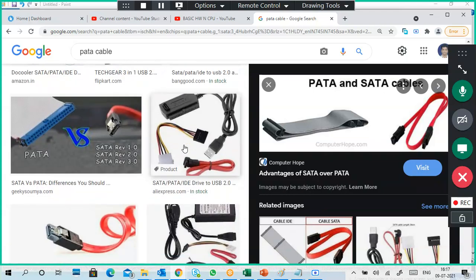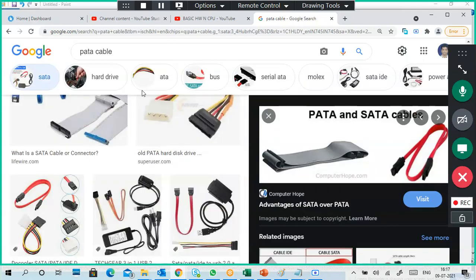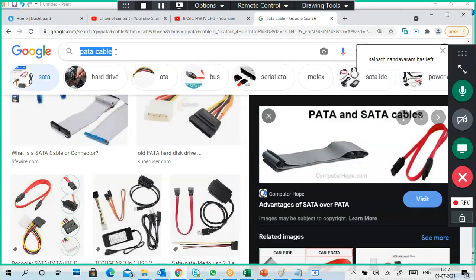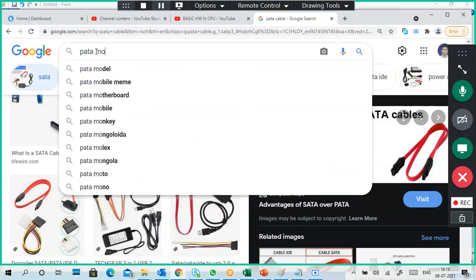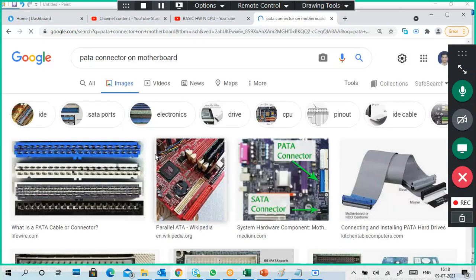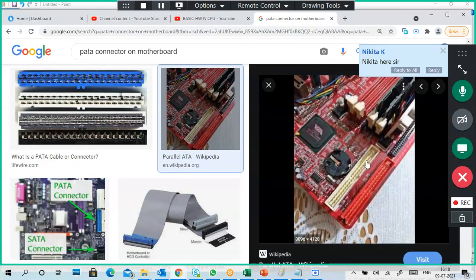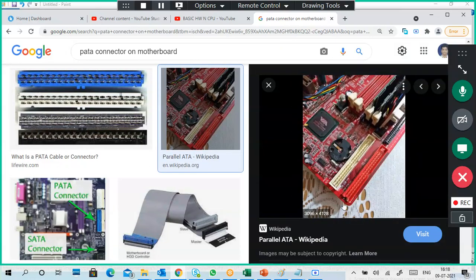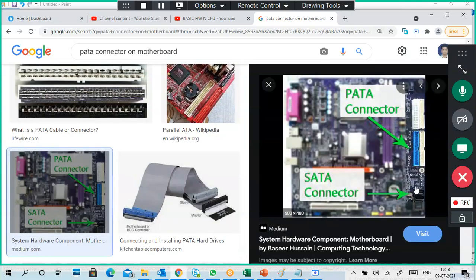One side it is going to the motherboard, another side is going to the hard disk. This is PATA on the motherboard. You can see the PATA connections on the motherboard, and also SATA and PATA connections.